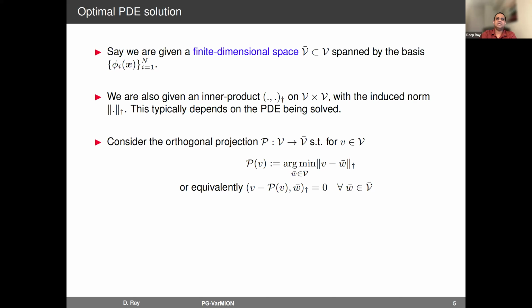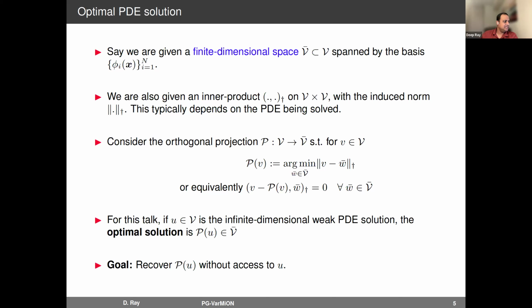So you're trying to find the orthogonal projection into this finite dimensional space, which is equivalently given by saying that the error between V and the projection is orthogonal to every element in this finite dimensional space, as measured in the dagger inner product. This is our orthogonal projection of any function into this finite dimensional space.